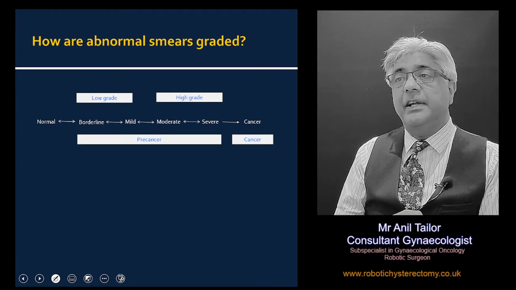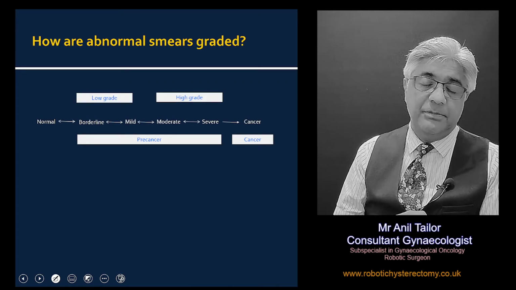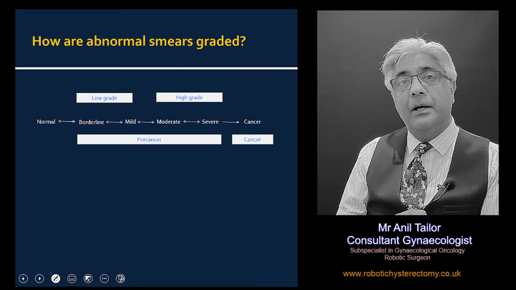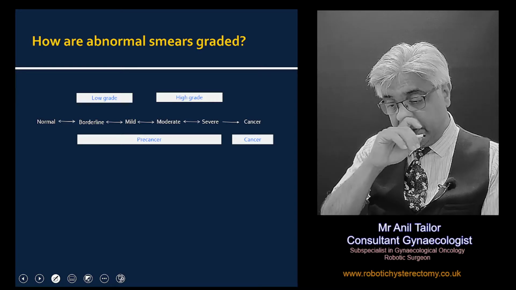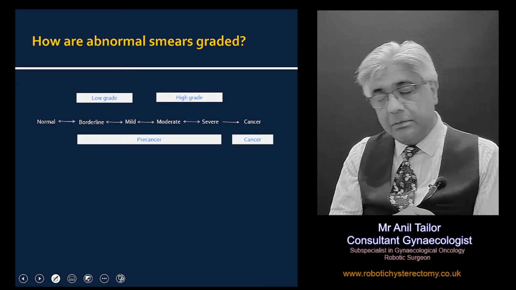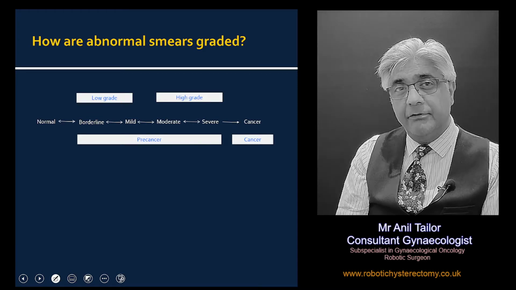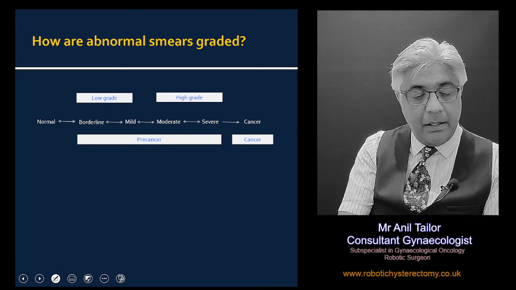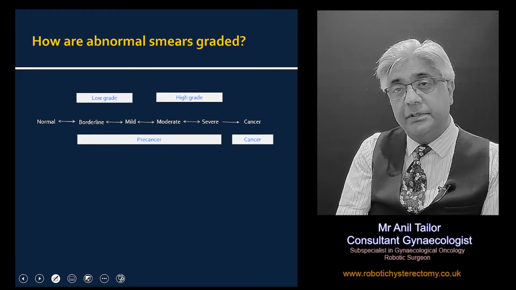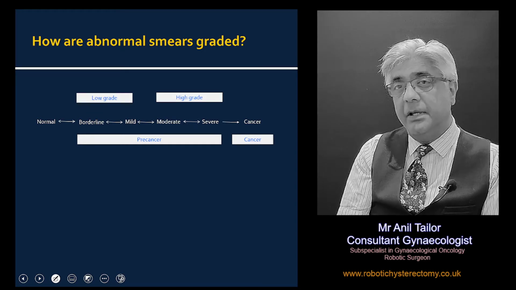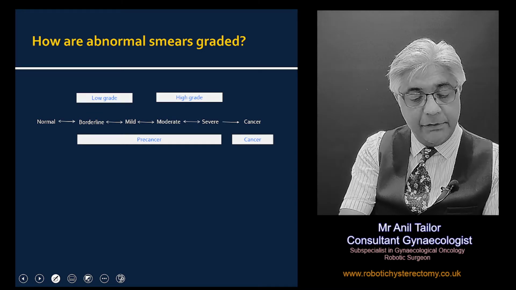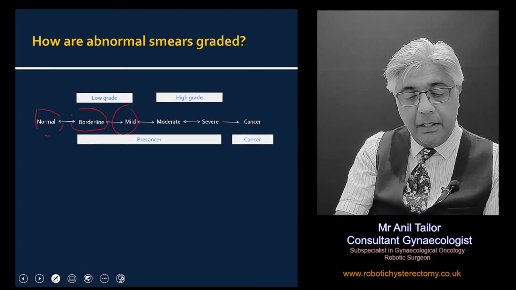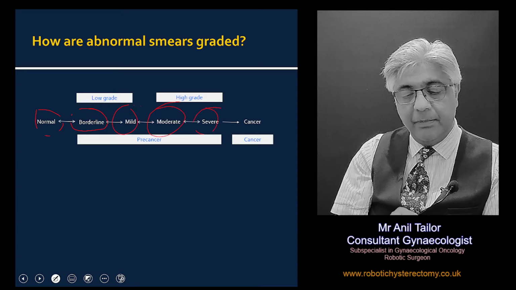to decide how abnormal smears are treated, first of all, we need to understand how abnormal smears are graded. This has been covered in more detail in another video, but very briefly, the abnormal cells on the smear in the UK can be reported as normal, borderline, mild, moderate abnormality or severe abnormality.